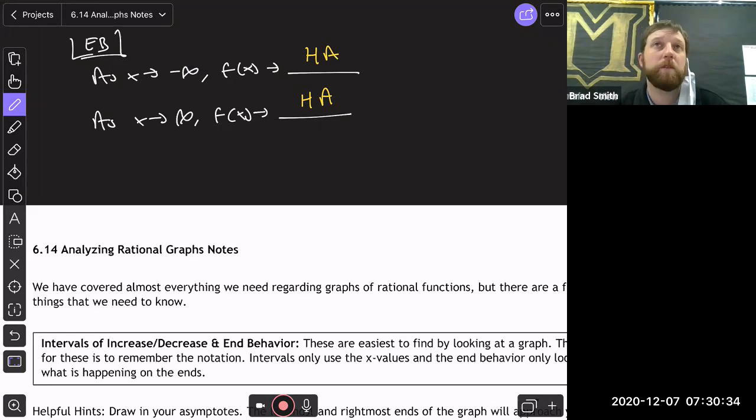But when we do have a horizontal asymptote, your end behavior is always going to approach your horizontal asymptote in both directions. It's very nice and helpful that way. So as x approaches negative infinity, your f of x is going to approach your horizontal asymptote. Then as x approaches positive infinity, your f of x is going to approach the horizontal asymptote on the right side.